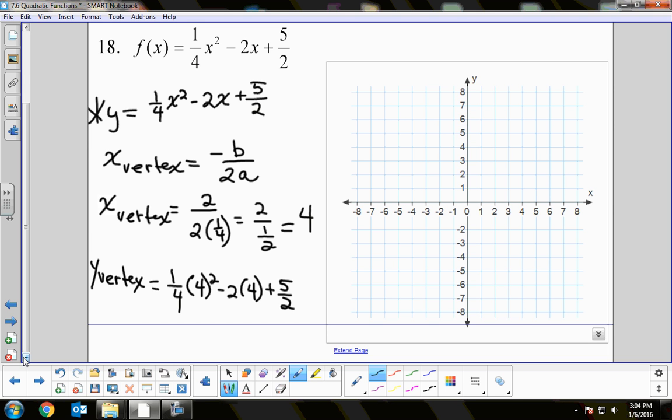And I'll let you confirm this. You're going to get y equals negative 3/2. I'll give you a minute and you can work on that and confirm that to yourselves as you do the arithmetic.